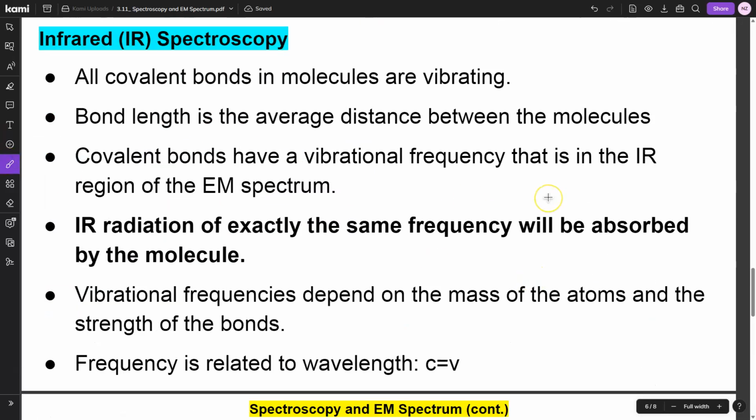All right, so infrared spectroscopy, a couple things you need to know. All covalent bonds in molecules are vibrating, and we'll look at a figure here in a second. Bond length is the average distance between the atoms, right? So you've got atoms that are bonded. So we're talking about this distance between those atoms right here. Covalent bonds have a vibrational frequency that is in the infrared region of the electromagnetic spectrum.